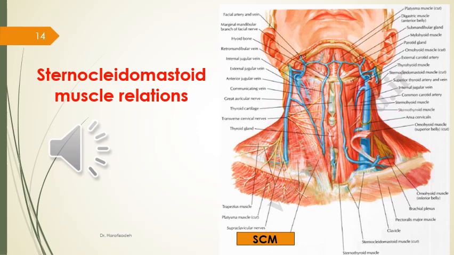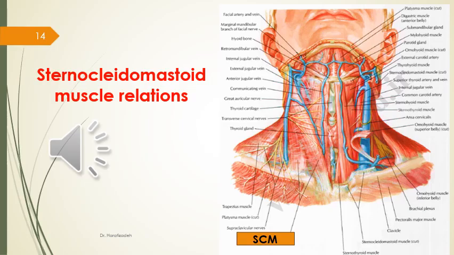I mean that some structures are in the depths of SCM and some structures are on the surface of SCM. The external jugular vein and some branches of the cutaneous nerves of the cervical plexus are on the lateral surface of the SCM, and the carotid sheath is in the depths of SCM.